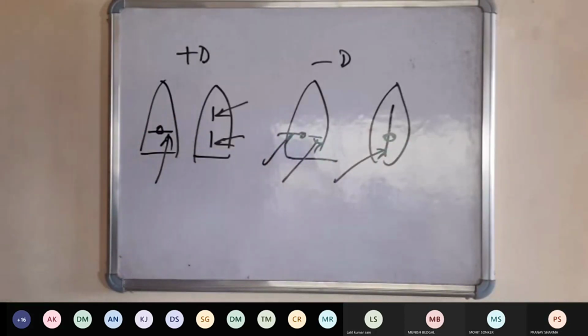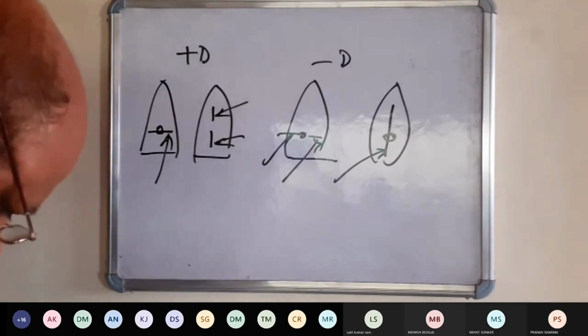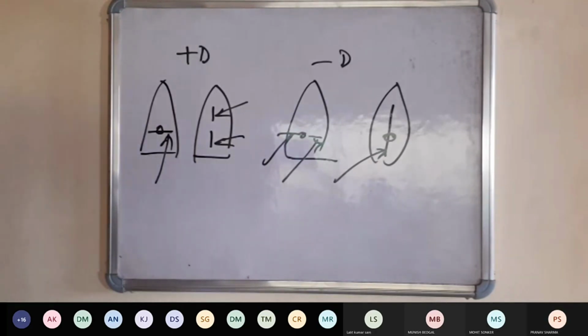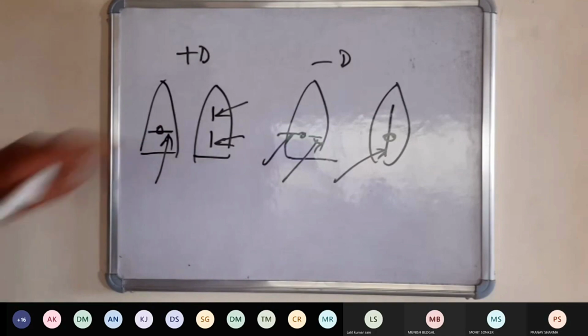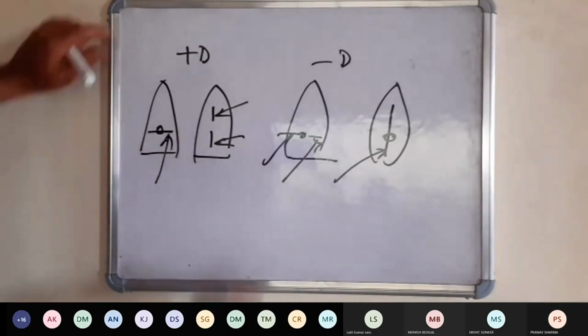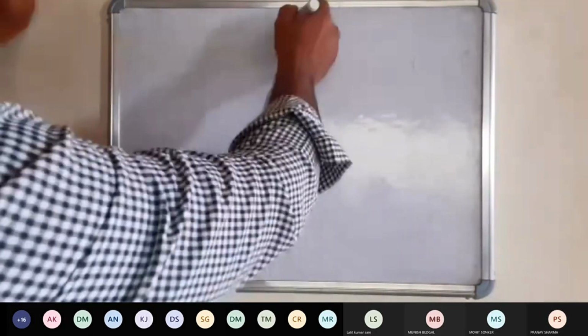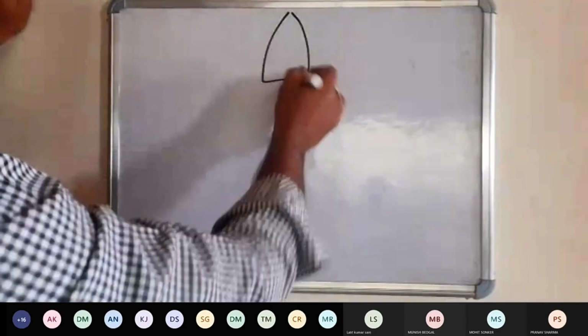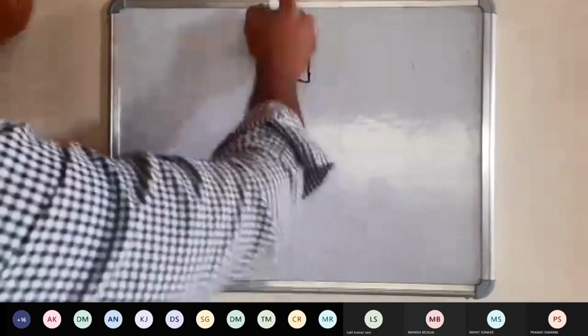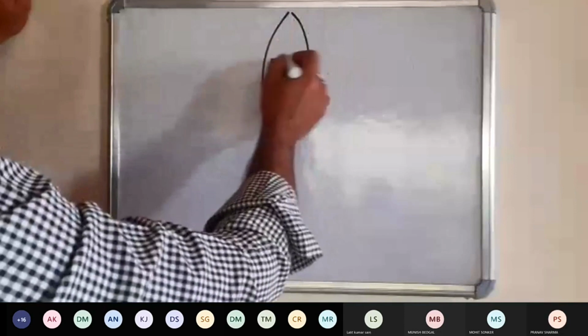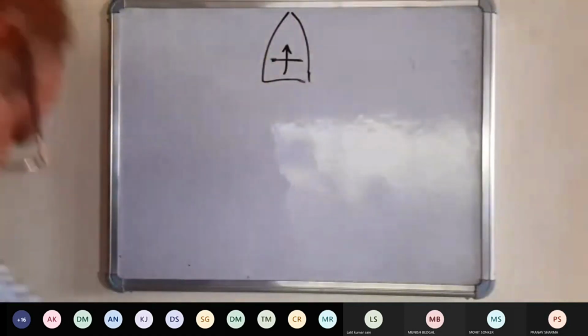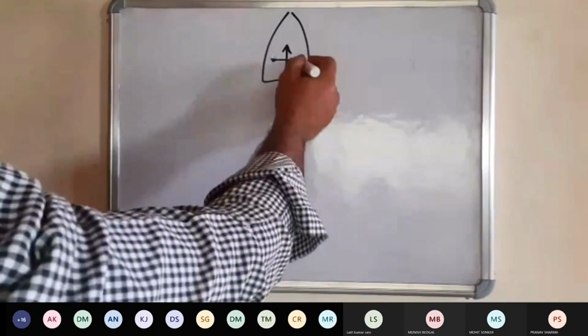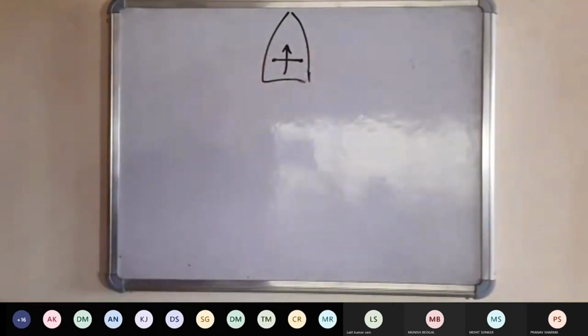So let us take the case of plus D, where we have one continuous rod athwartship oriented. So when we are here, the continuous rod, of course, is going to have the compasses like this. What is the kind of magnetism that will be induced in this rod right now? So nothing.